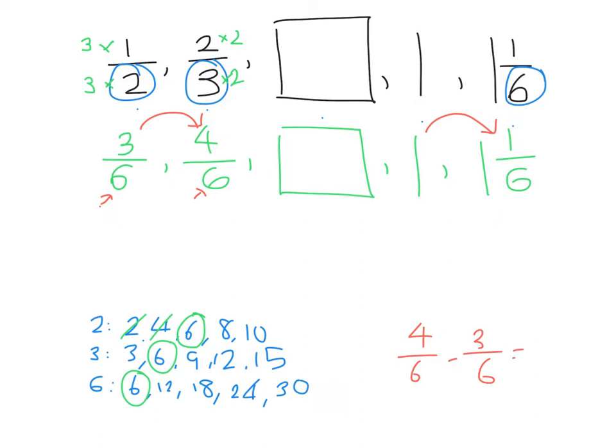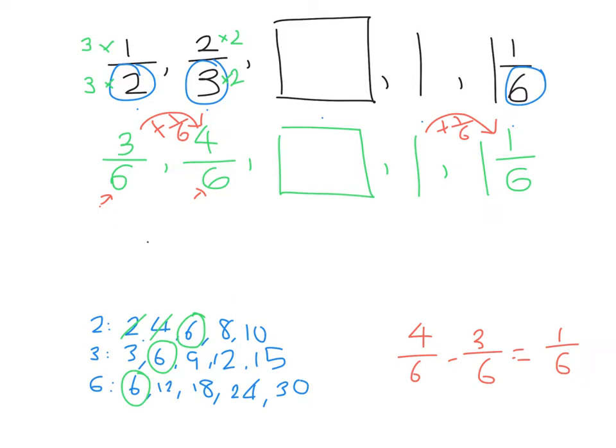Which would give me, well, I don't subtract my denominator, so I would have 1/6. So I'm adding, because I'm getting bigger, 1/6. Does that work here? 1 whole plus 1/6 equals 1 1/6.